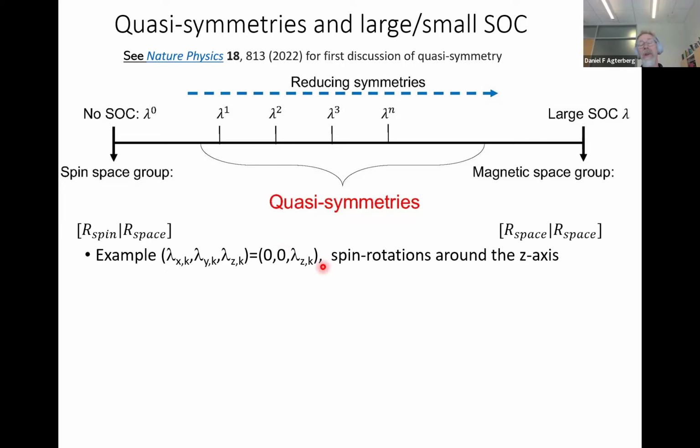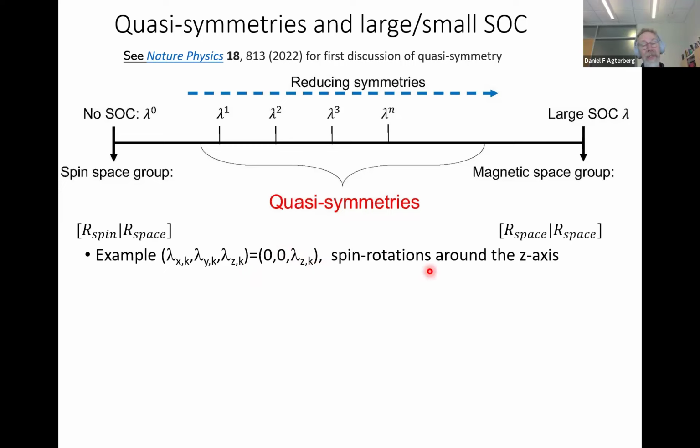And the particular context we're concerned with is when we turn on the spin orbit coupling in only one direction. So here, as an example, we've turned on the spin orbit coupling along the z direction. Then the Hamiltonians generically have full spin rotational symmetry around the z-axis, but not the full spin space group. And then we can ask the question, do we have this bilinear coupling invariant in the presence of only this single component of spin orbit coupling?